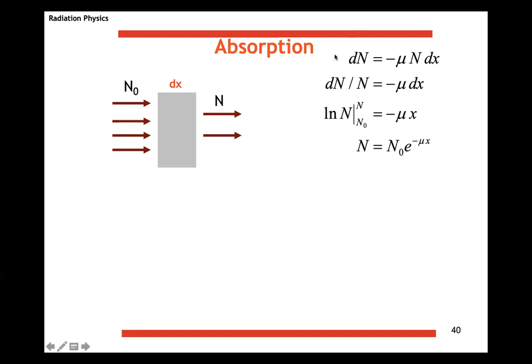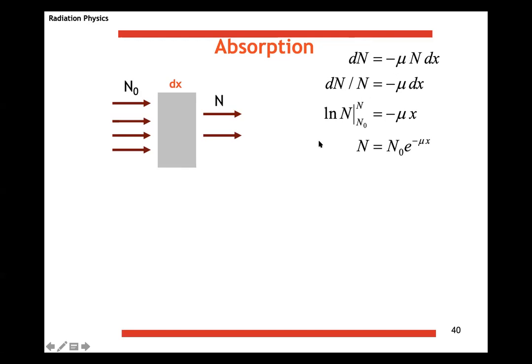And this comes from the simple observation that the decrease in the number of particles is proportional to the number of particles itself and to the thickness that you are traversing. The proportionality factor is this mu, and this is called the absorption coefficient.